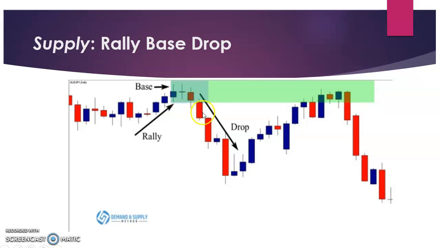Before this kind of movement happened, look at this huge drop. What was the last candle before that huge drop began? This is that last candle. You can take the doji here as the point of interest.